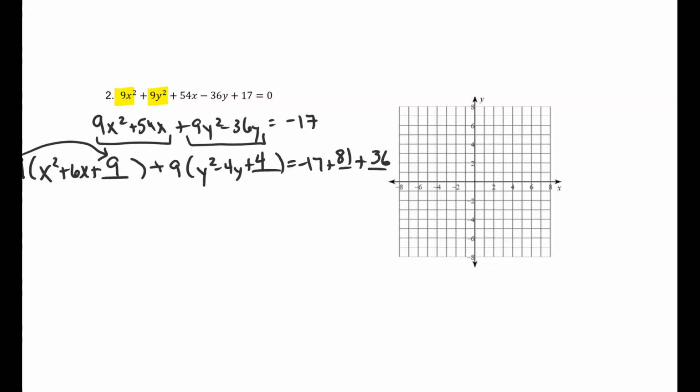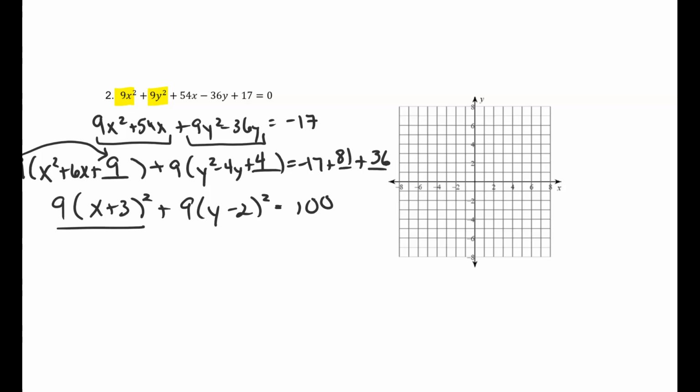And so we get here, my friends, 9 times the quantity x plus 3 squared plus 9 times the quantity y minus 2 squared. And we got negative 17 plus 81 plus 36. That is going to end up being, I think, 117 minus 17. So that's going to end up giving us 100.